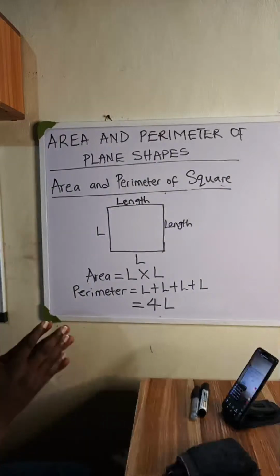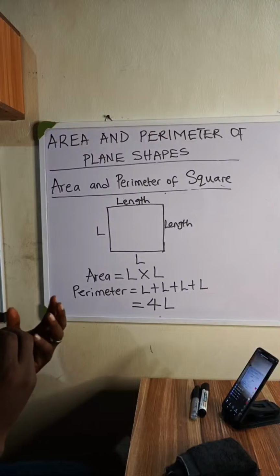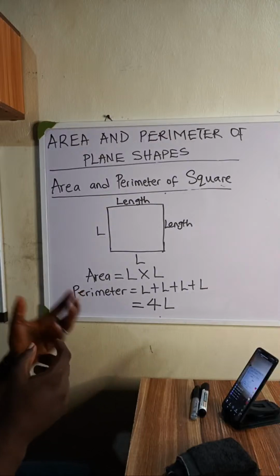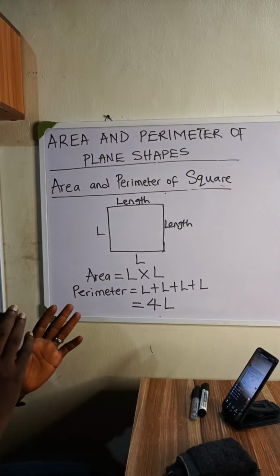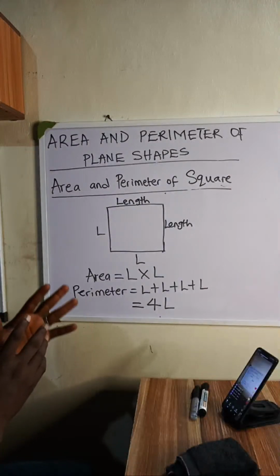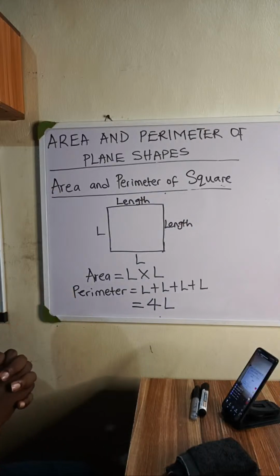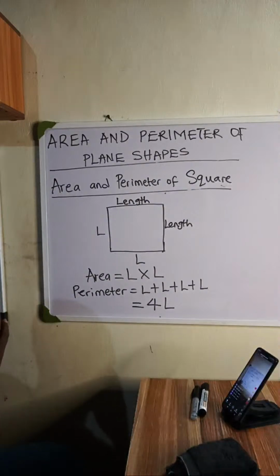So sometimes students confuse how to calculate area and perimeter of rectangle and area and perimeter of square. You should take note of this so you don't confuse the two. Always remember that for a square, all the sides are equal. So now let's look at an example.